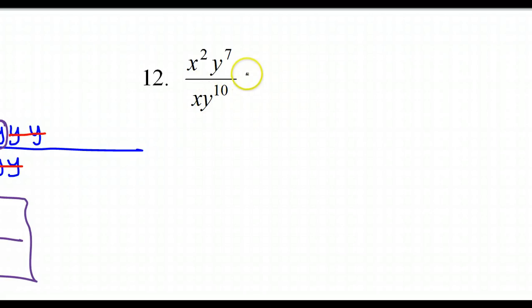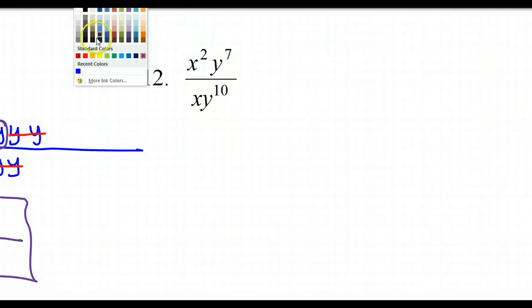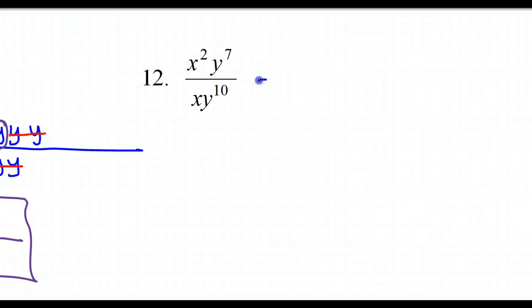So if you understand that, then you can do your shortcuts again. You should be able to glance at this and go, okay, there's 2 x's in the top, 1 in the bottom. So I'm going to subtract this 1 x away from the 2 x's. That's going to leave 1 x on the top.